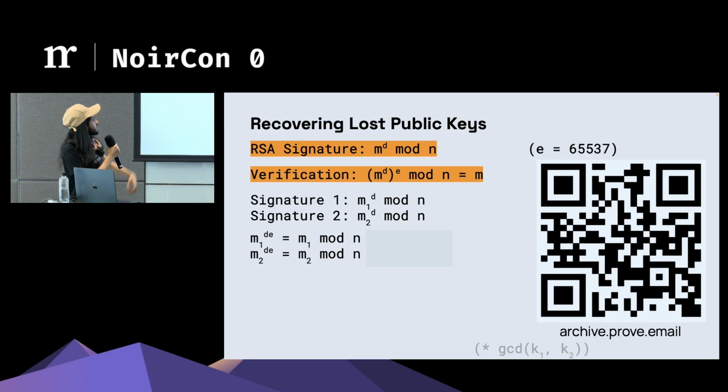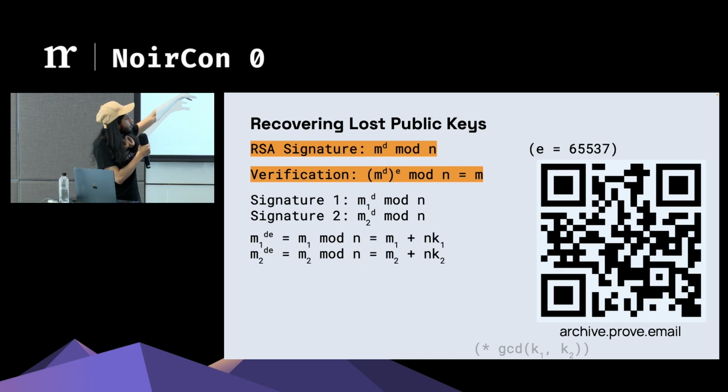But if you take two signatures and you express them in exactly this form, then you realize that if you convert the modulus to being some multiple of the actual modulus, you can say, look, when I want to verify the signature, I'm going to take this value to the power of e, and then I'm going to know that's the original message plus some multiple of the modulus.